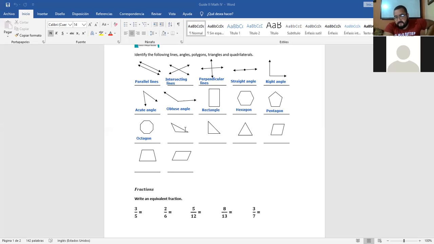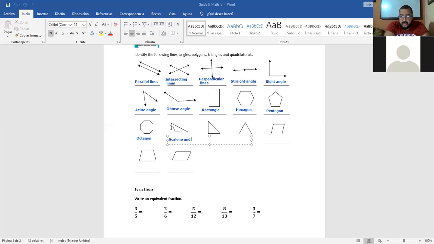Now, this lesson is about triangles. We have three types of triangles. Remember, we can classify a triangle in two ways, by its sides and by its angles. So we're going to put the two classifications in each one of these images. According to the sides, none of the sides have the same length, so this triangle is scalene.